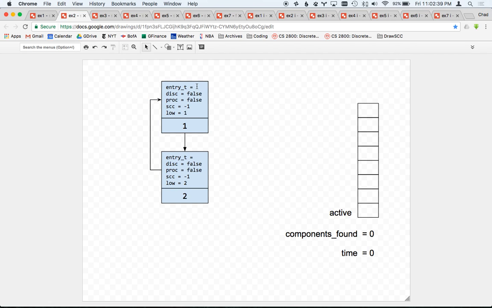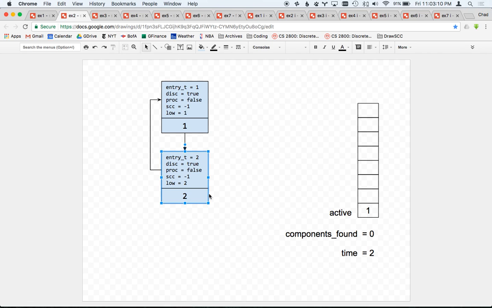So we're going to run through the algorithm very quickly from the beginning to get up to the point of interest. We increment the time marker by 1, the entry time is increased by 1, discovered is equal to true, and we push vertex number 1 onto the active stack, and then we begin exploring the edges, starting with this one. We discover vertex 2, increment the time marker by 1, entry time is 2, and discovered for vertex 2 equals true.